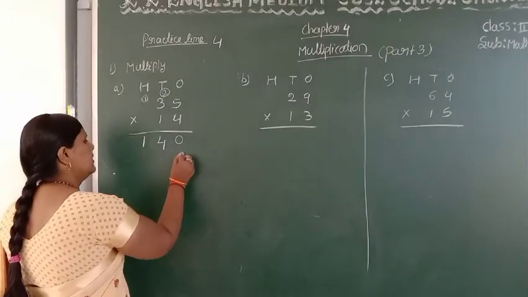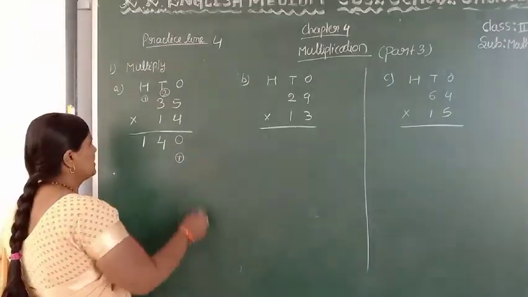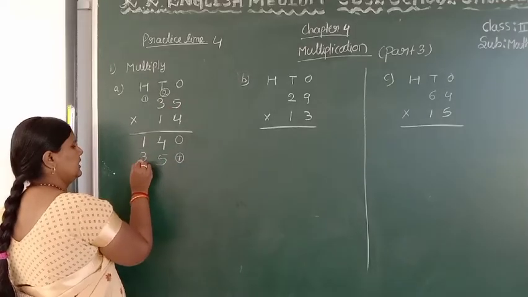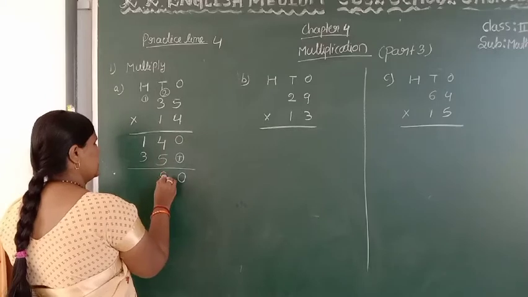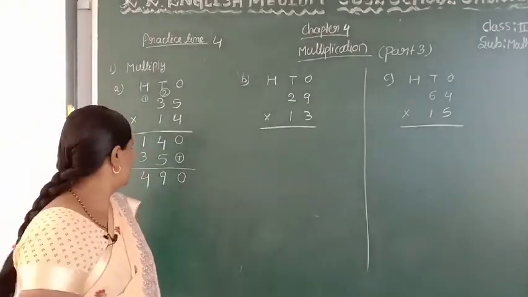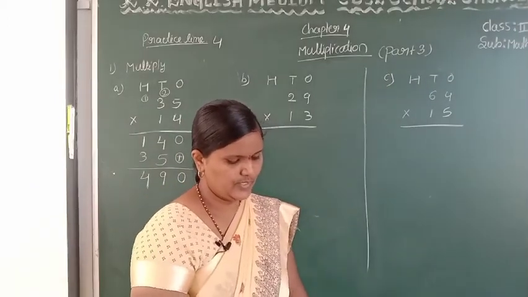Next, write here 0 first. Now 1 into 5 is 5, 1 into 3 is 3. Now add. 4 plus 5 is 9 and 1 plus 3 is 4. Answer is 490.